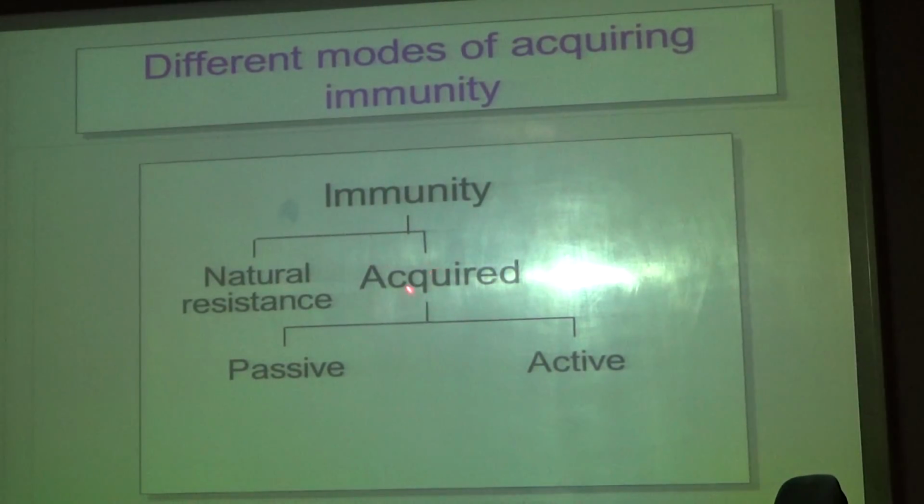Immunity can be acquired. Yes, absolutely. And it can be both passive and active, correct? This is short term, by immunoglobulins or preformed antibodies. This is by DNA particles, killed or attenuated types of organisms. If you remember this, you remember everything. I'm not giving you charts of what you should do.